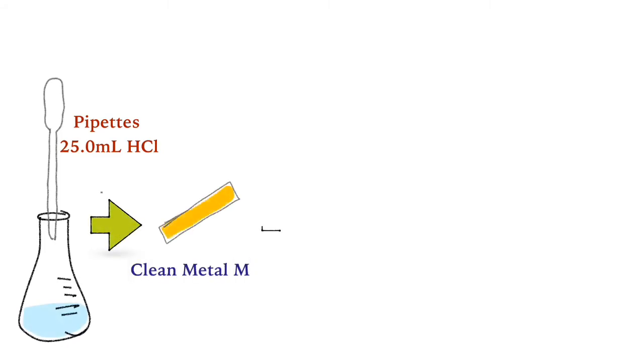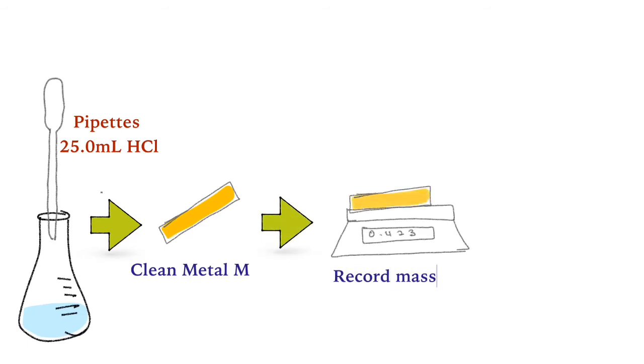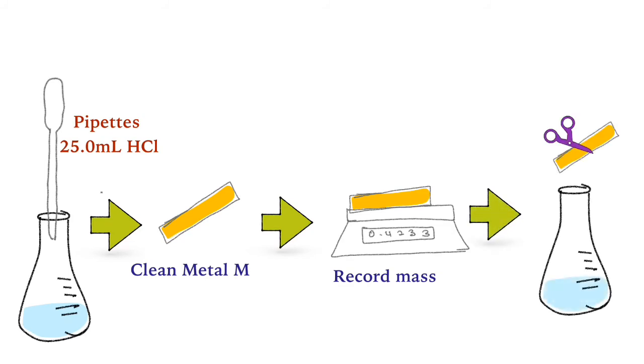Then, cleanse the metal M. After that, record the mass of metal M. Then, you cut metal M into small pieces and transfer them to the conical flask that contains hydrochloric acid. You have to wait until the reaction is complete. Can you write an equation that represents the reaction in the conical flask now?